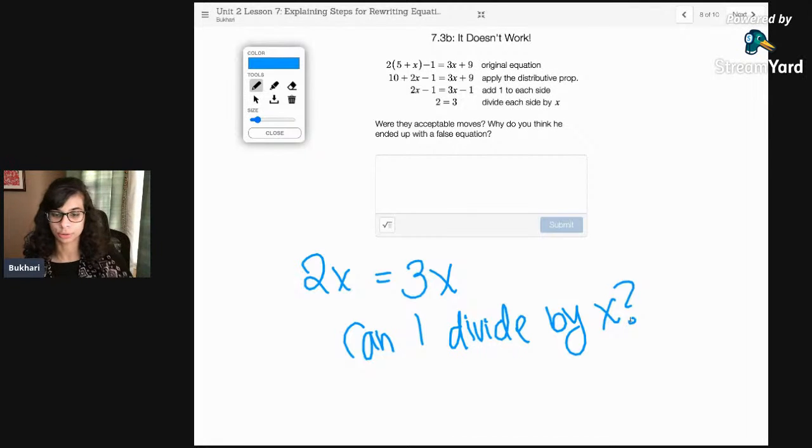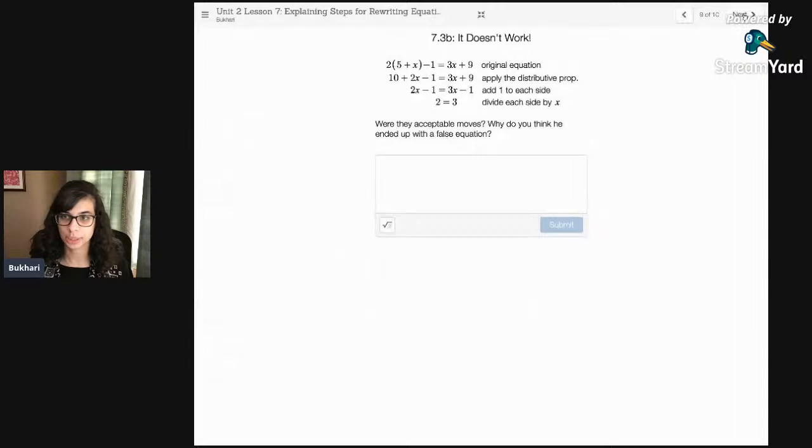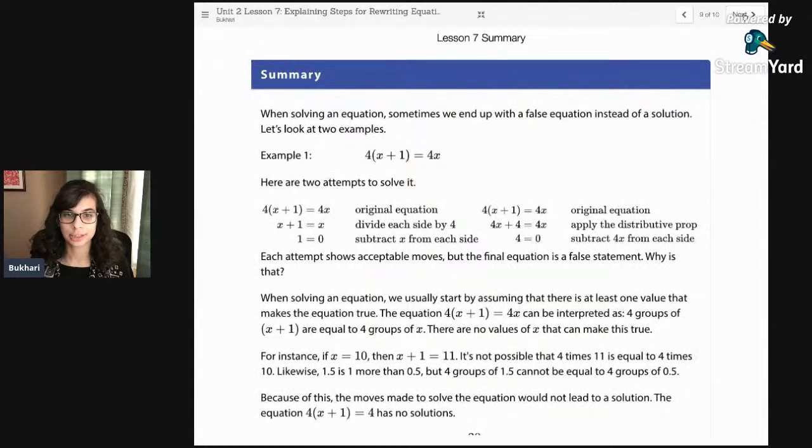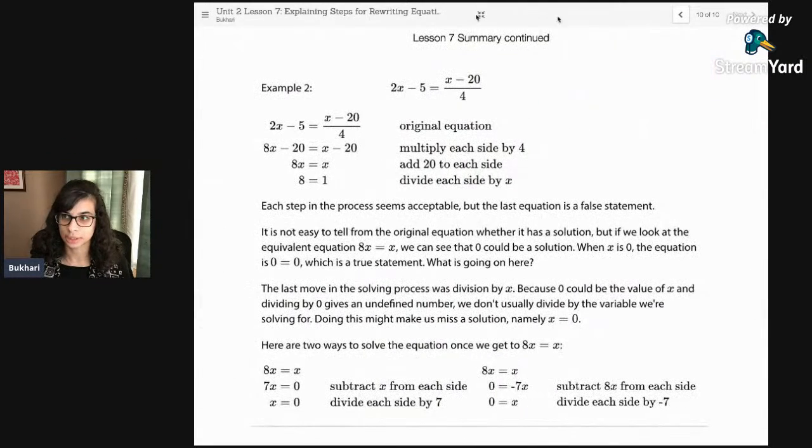Think about that as you are going through. Can you divide by x? And if you think the answer is yes, then are these all acceptable moves? Why do I have a false equation? So think through each of those steps. And last but not least, you have your lesson summary, and I will see you in lesson 8.